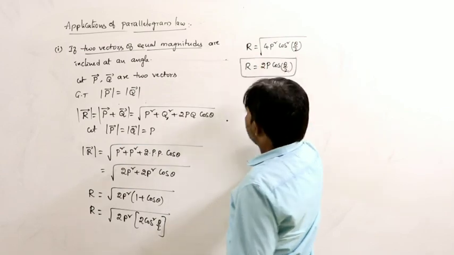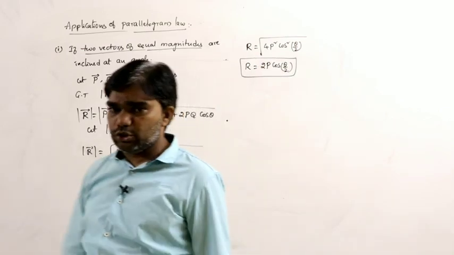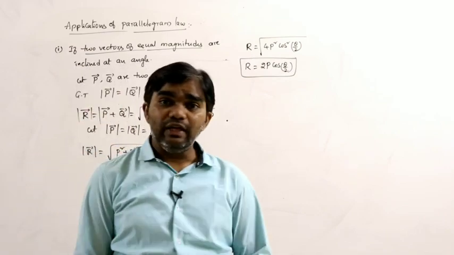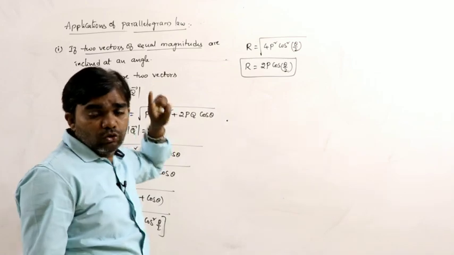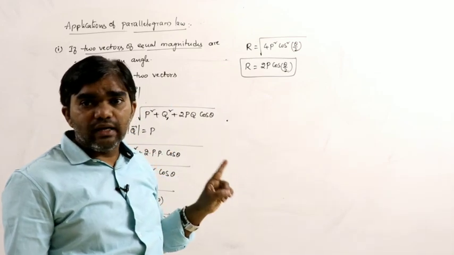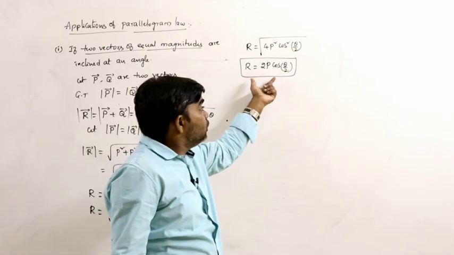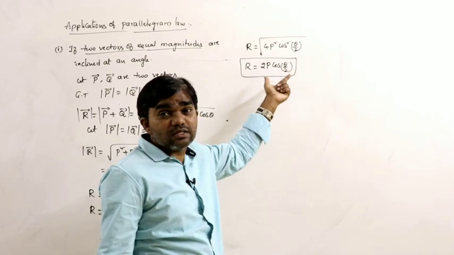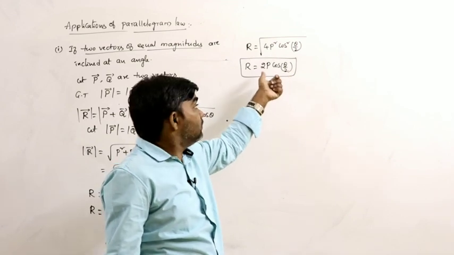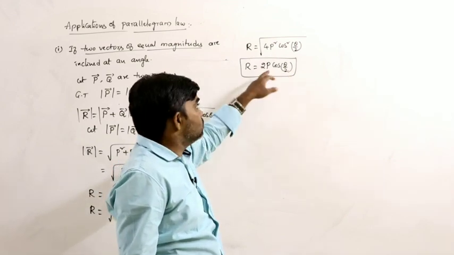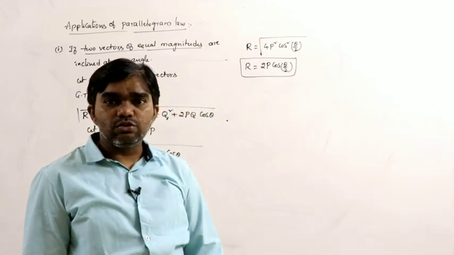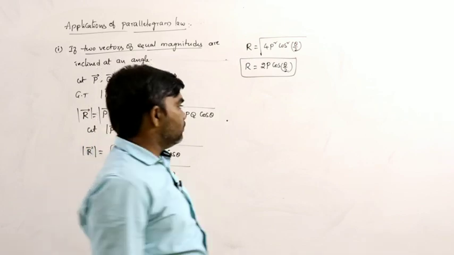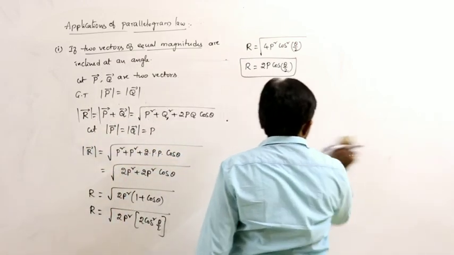That means if two vectors of equal magnitude are inclined at an angle, the magnitude of the resultant of those two vectors is r equals 2p cos theta by 2. That is the magnitude of the resultant of two vectors.